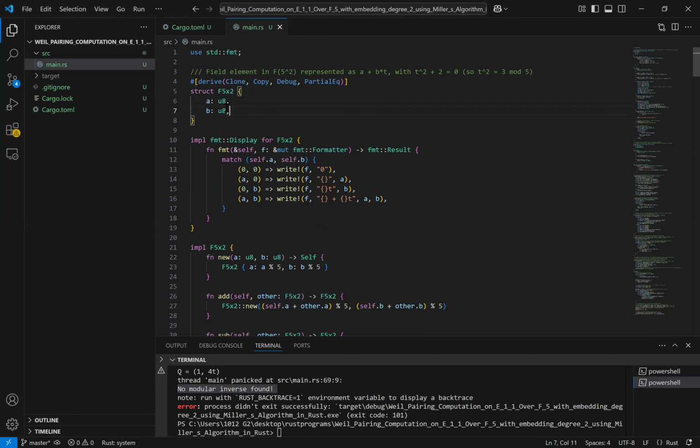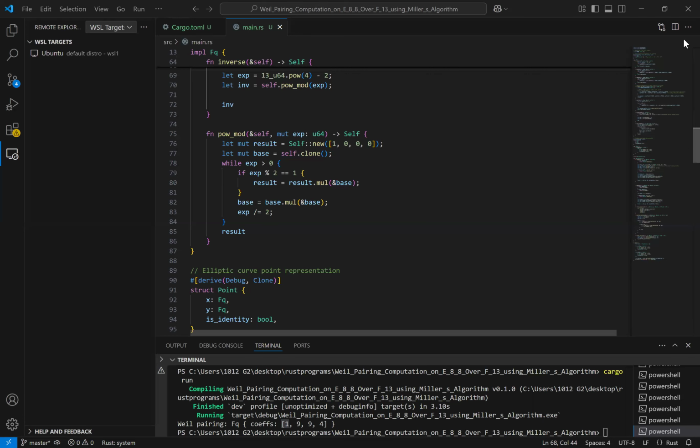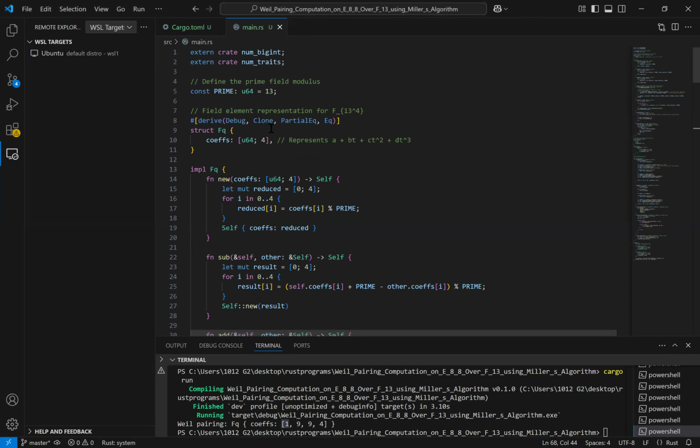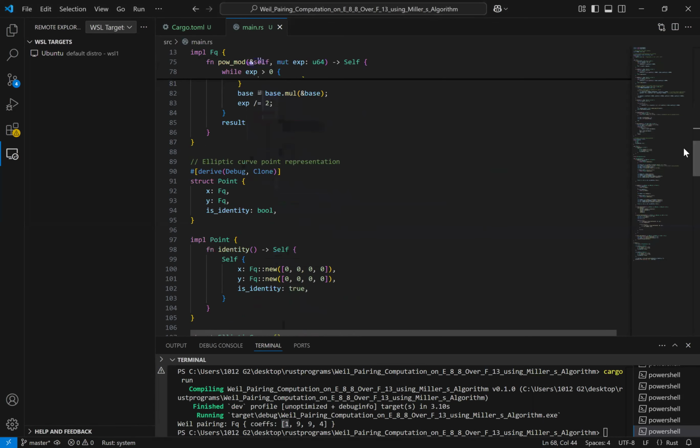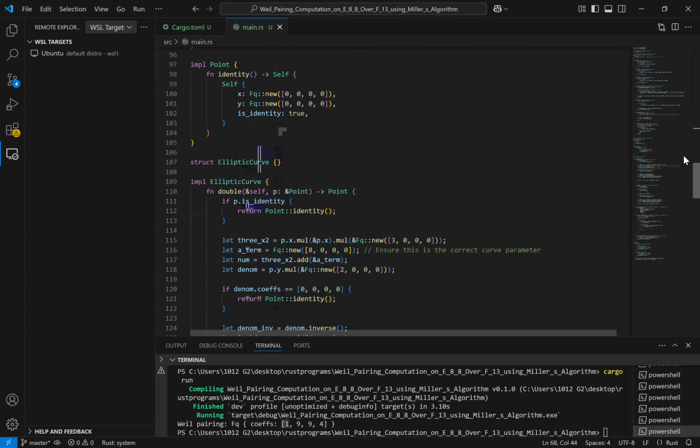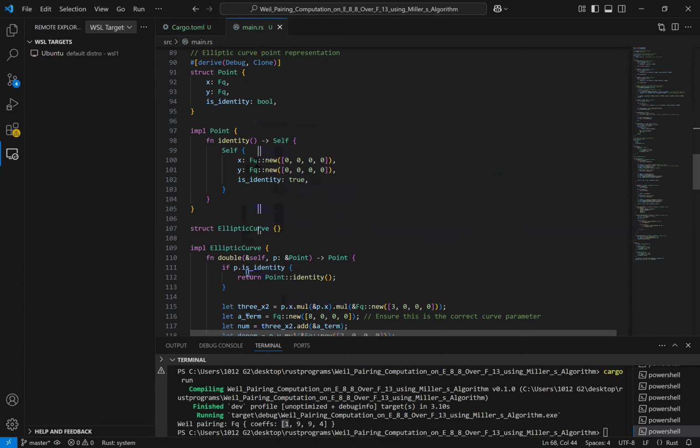Here we are defining how the elements of the field look like, so that as it begins, it knows how the elements will look like. You've also defined the identity element.